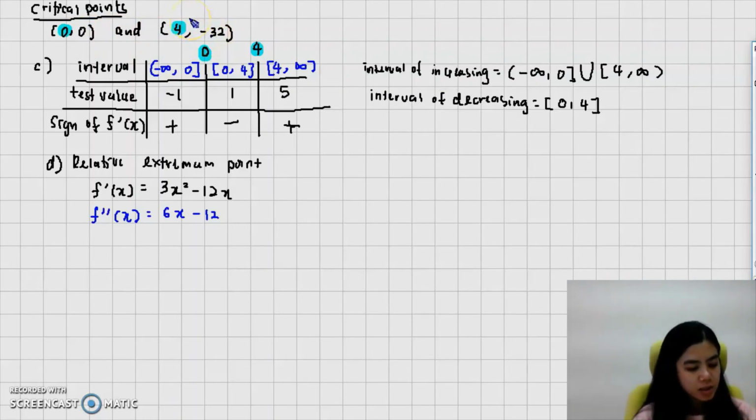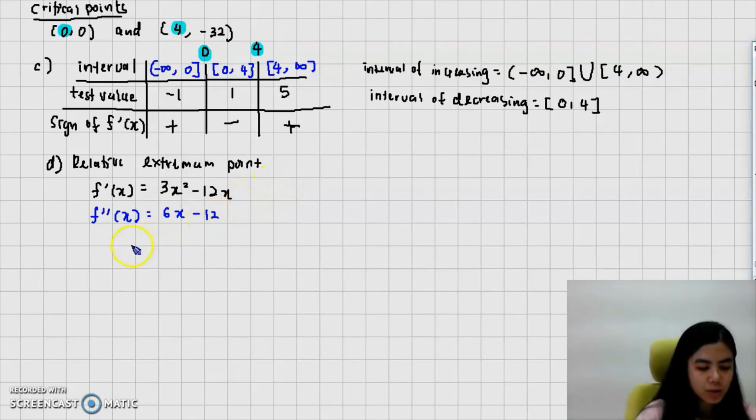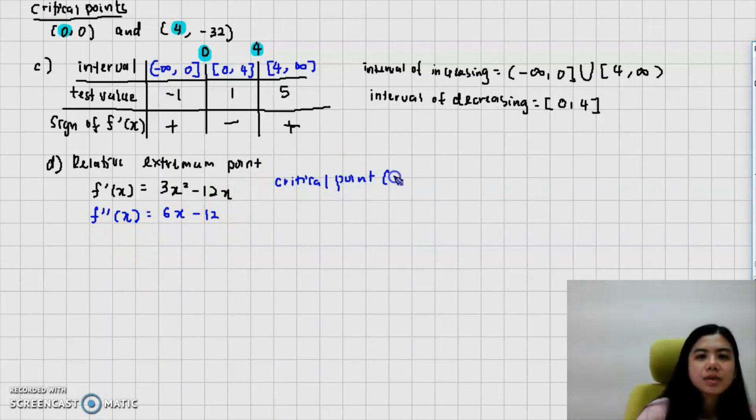Let's test the first critical point that we have here, which is (0, 0). Now we are testing by the second derivative, f double prime. Just use the x value that you have here and substitute. We have 0 here, so you have 6 times 0 minus 12, and the result is minus 6.